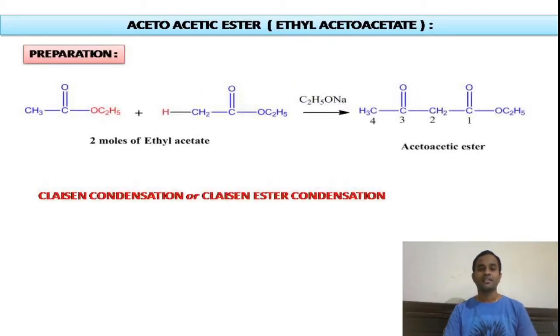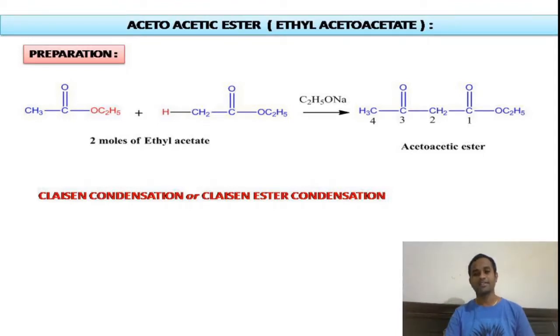And in this slide, let us discuss the preparation method of acetoacetic ester. Usually we prepare acetoacetic ester from the named reaction, that is Claisen condensation or Claisen ester condensation. This Claisen condensation involves the condensation of two ester molecules in presence of a strong base to give a beta keto ester.